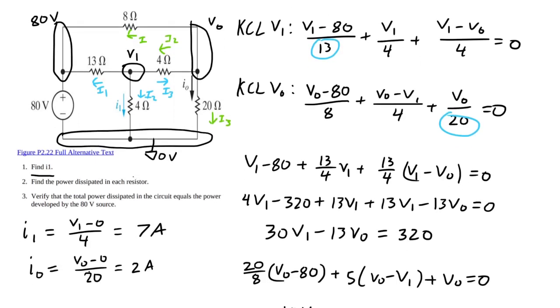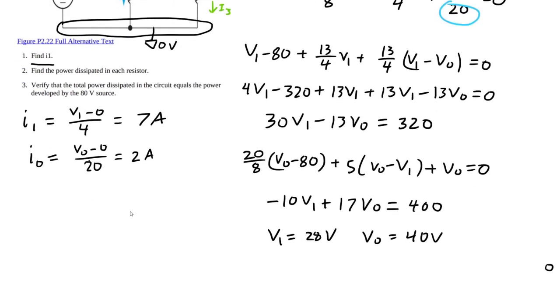So if we have this 8 ohm one, let's call that P1. P1 is going to be the voltage drop across it. So 80 minus V0, which is 40. Or no, sorry.